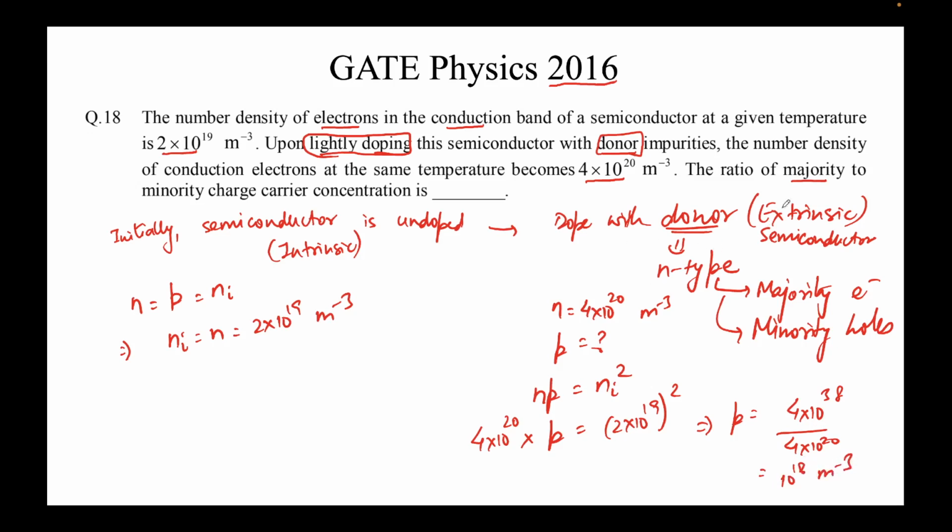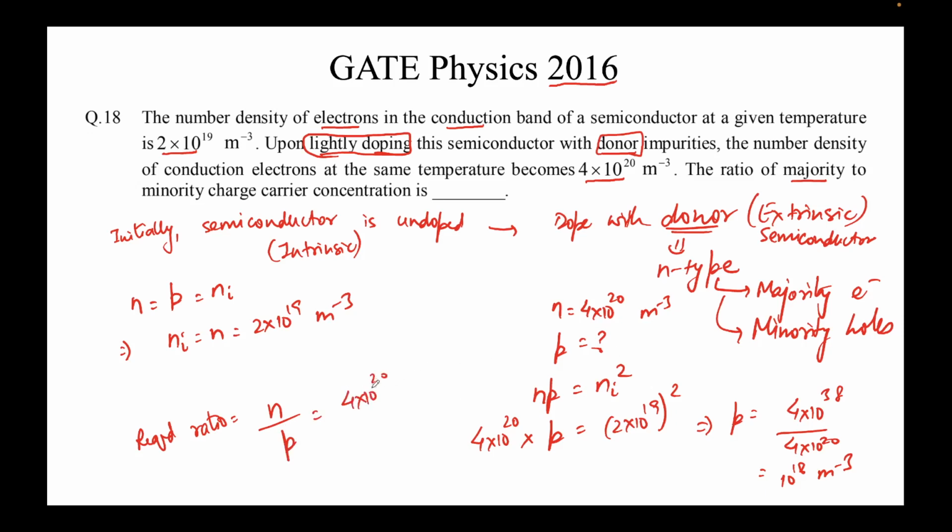Now, we were required to find the ratio of majority to minority charge carrier concentration, and we know that in n-type, majority are electrons. So the required ratio is equal to n over p, since minority is holes. The value of n is 4 into 10 to the power 20.